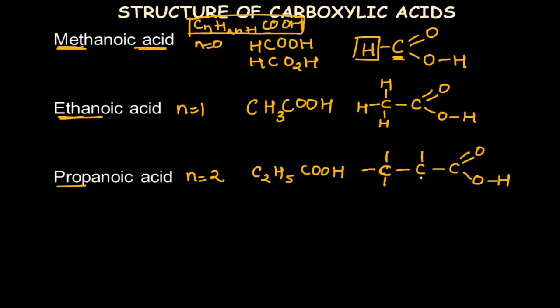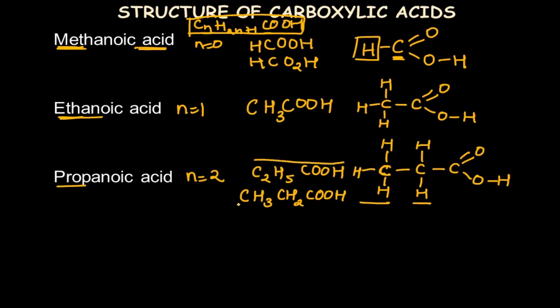So I'm drawing the 4 covalent bonds first, and now bonding all this with hydrogen atoms, which will give you CH3, CH2, COOH. So C2H5COOH can also be written as CH3CH2COOH. So this is propanoic acid. You can say this is the molecular formula, or the structural formula, also called the display formula, showing all the bonds and the atoms.